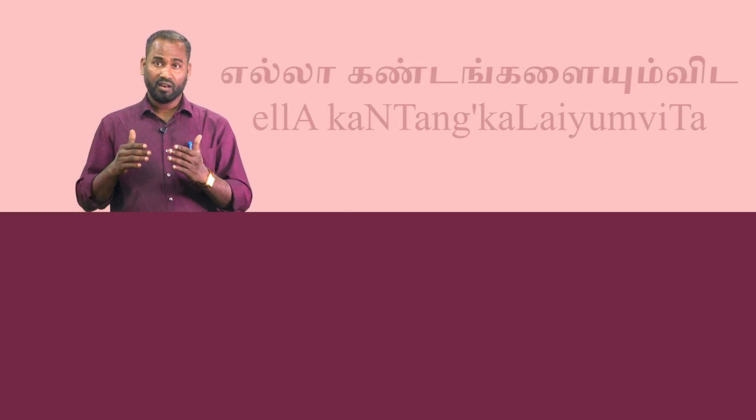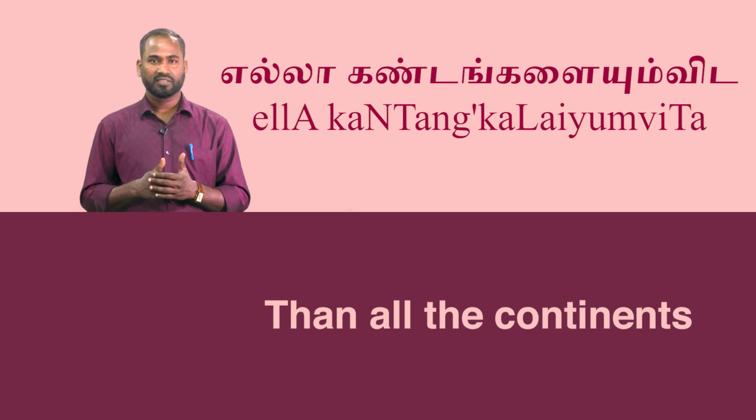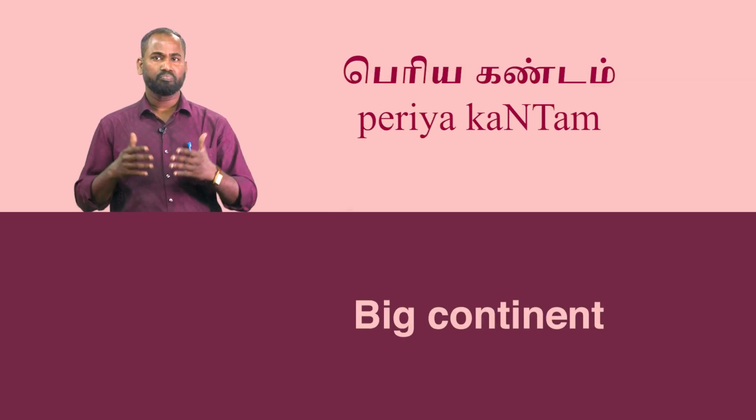The phrase எல்லா கண்டங்களையும் விட means than all the continents. And பெரிய கண்டம் means big continent. Together, the sentence expresses the superlative degree, indicating that Asia is bigger than all other continents. Thus, the sentence means Asia alone is the biggest continent, or simply, Asia is the biggest continent.